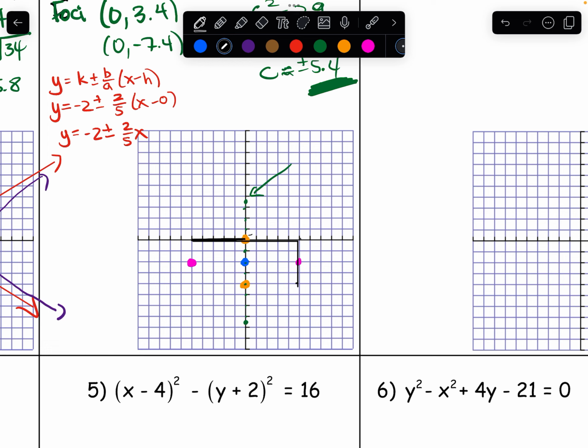Oh, I totally meant for that line to be red. Okay, there we go.